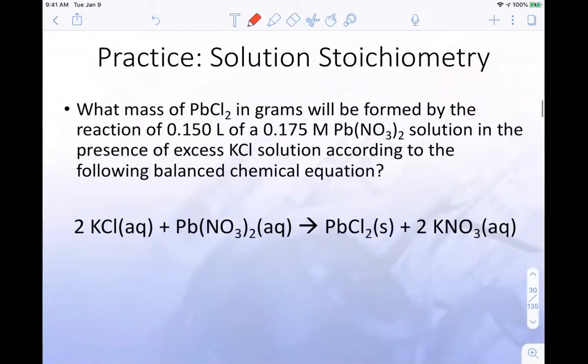So let's practice. We can use molarities and get volumes, or we can do it the regular way. And once we have moles of our other substance in our chemical reaction, we can use molar mass to get grams. Here's an example of that type of problem. I'm looking for the mass of PbCl2, and I want that mass to be in grams.